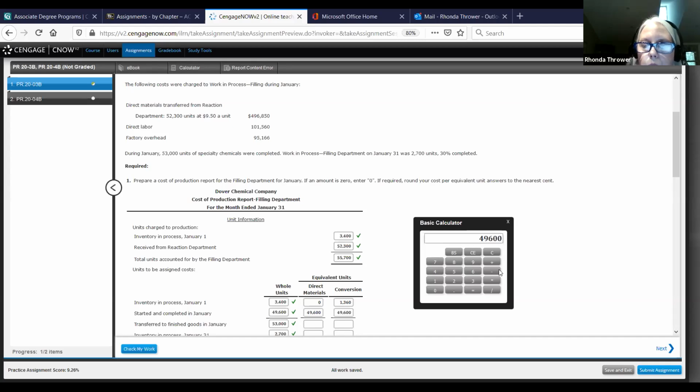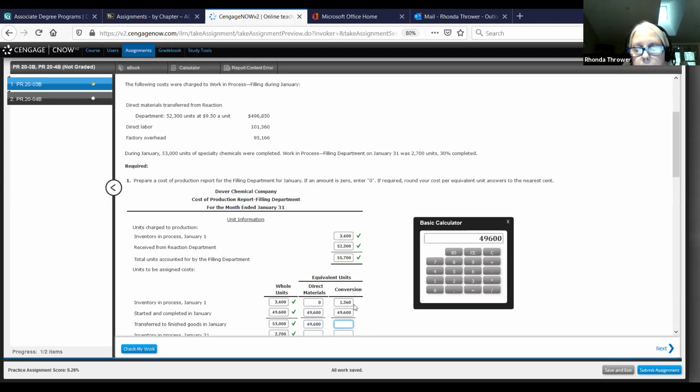And of course, when you add your beginning inventory and this together, it will still give you 49,600. For your conversion, we're going to add our materials.